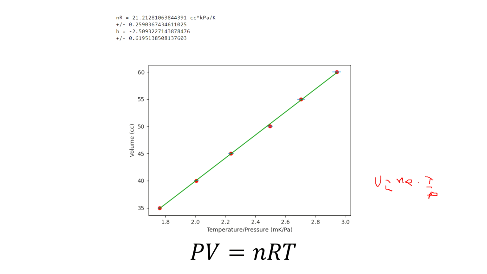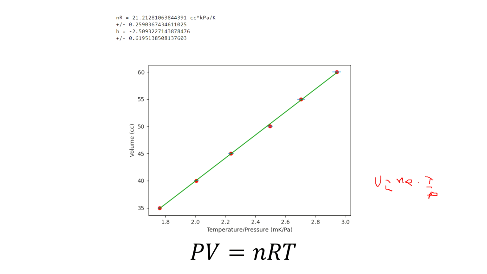And this is what our graph is. Y is volume and X is temperature divided by pressure. Therefore, the slope has to be N times R. And as we said before, this is a constant, so it is a linear best fit line.